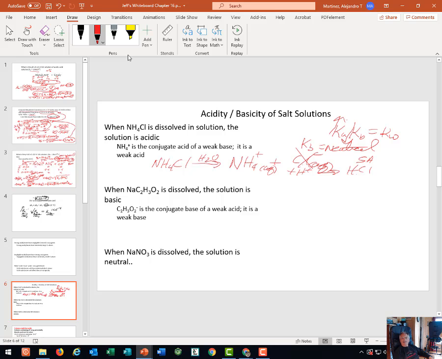On the other hand, let's take a look at NH4+. NH4+ is the conjugate acid of ammonia. So it will actually, in solution, dissociate a proton, give the conjugate base of ammonia. Ammonia is a weak base, therefore the ammonium ion is a weak acid.